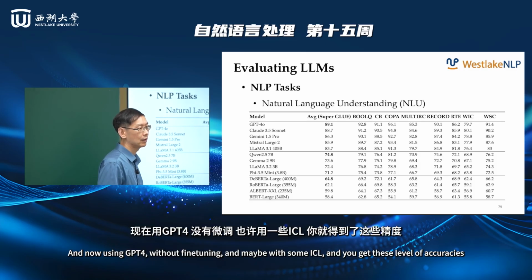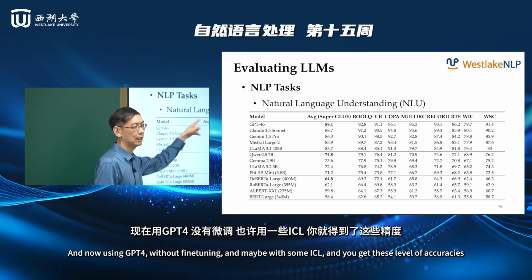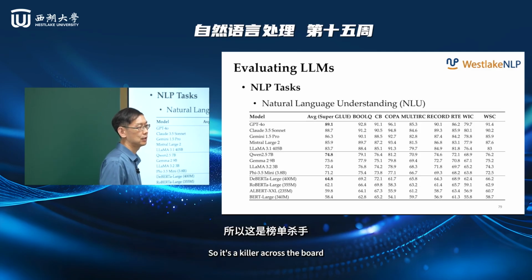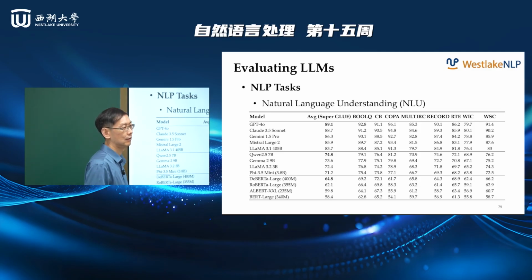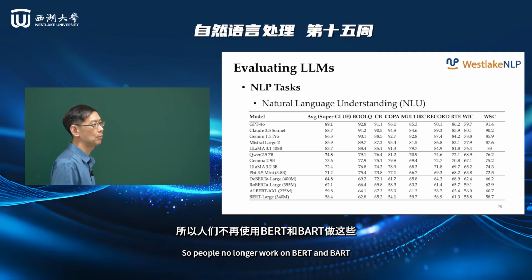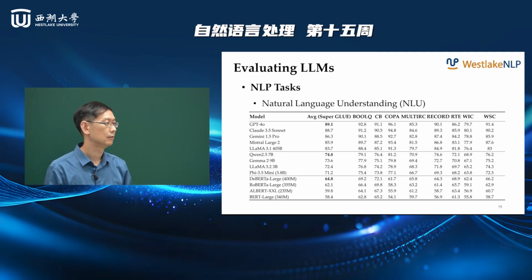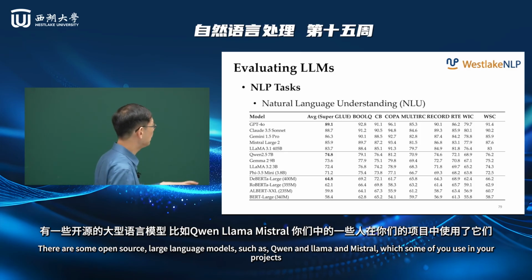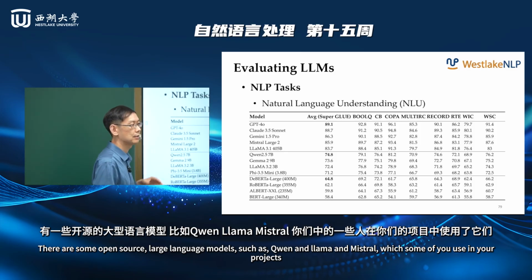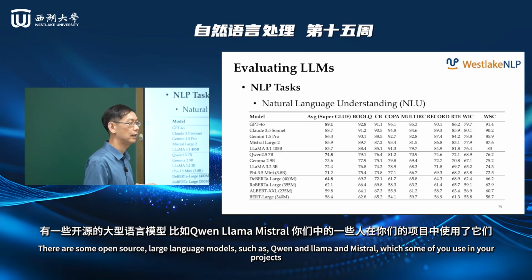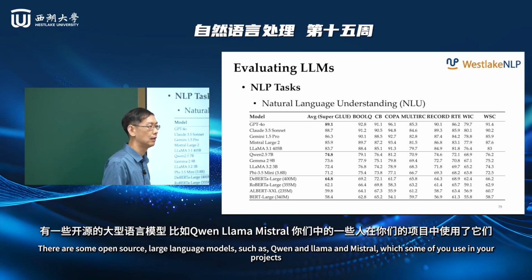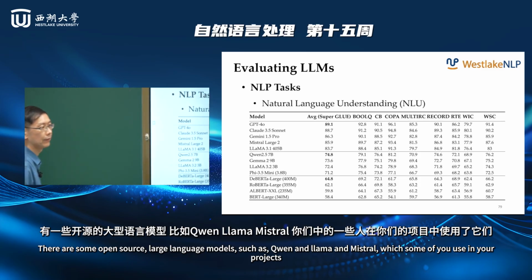And now, using GPT-4 without fine-tuning, and maybe with some ACL, and you get this level of accuracies. So it's a killer across the board. So people no longer work on BERT and BART. Okay? There are some open source large language models, such as, you know, QWEN, and Llama and Mistral, okay, which some of you use in your projects.